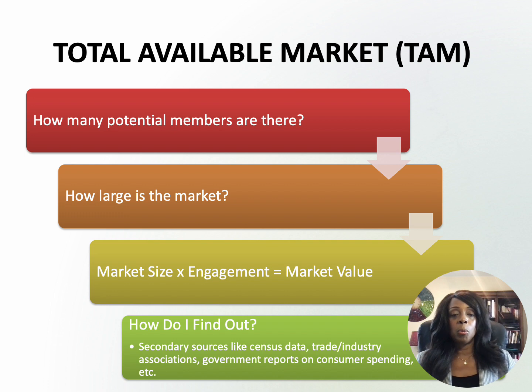And so, one of the things that I think we need to be aware of is the total available market. How many potential members are there? How large is the market? Market size and engagement equals the market value, and then how do I find out? What are the secondary sources, like censuses?